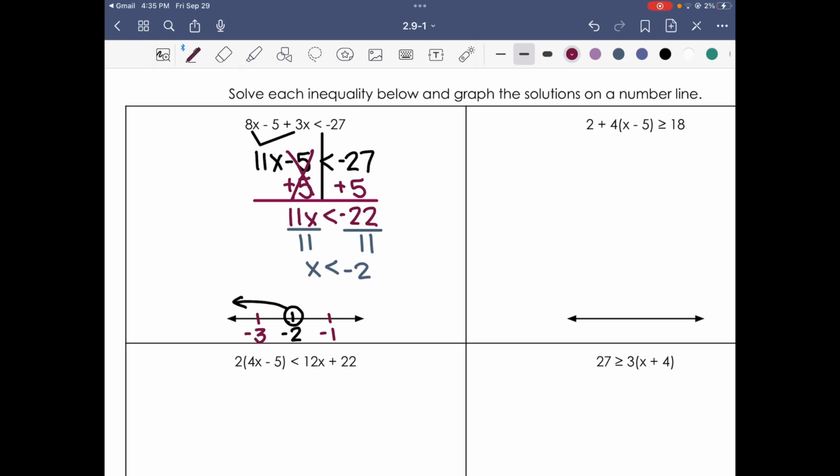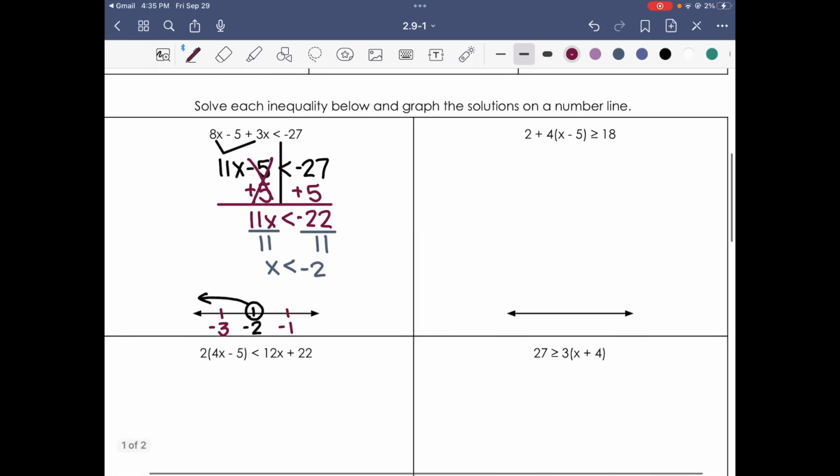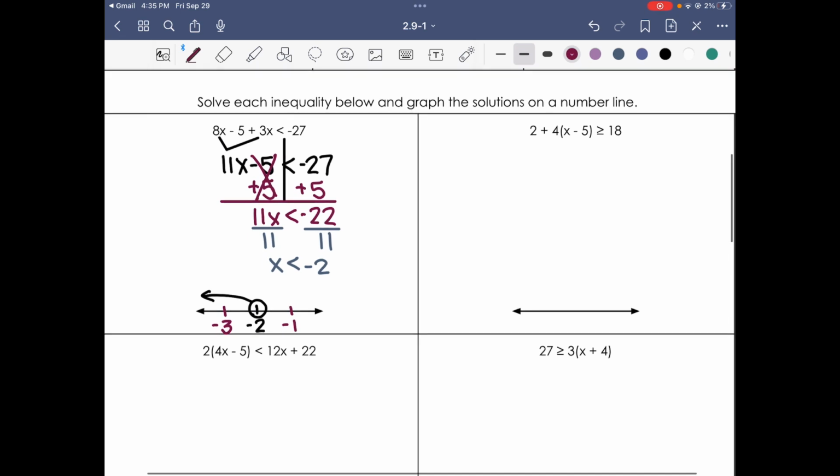All right, let's try another one. The next problem does have parentheses. So the first thing I'm going to do is take only the number directly in front, which would be 4, and I'm going to multiply it times x and times negative 5. 4 times x is 4x.